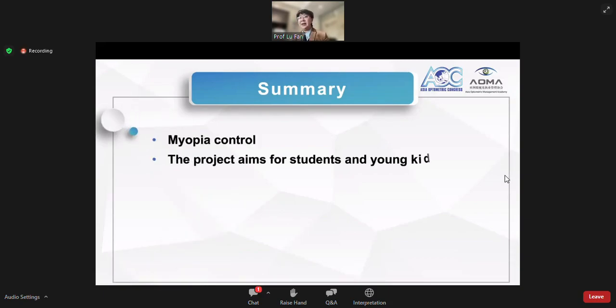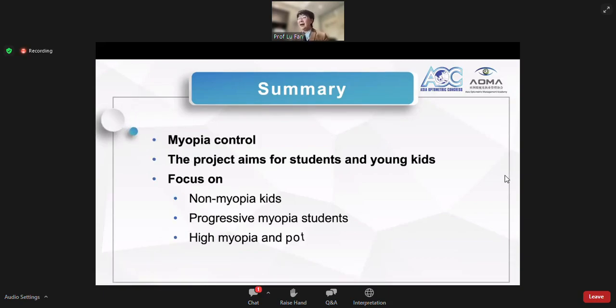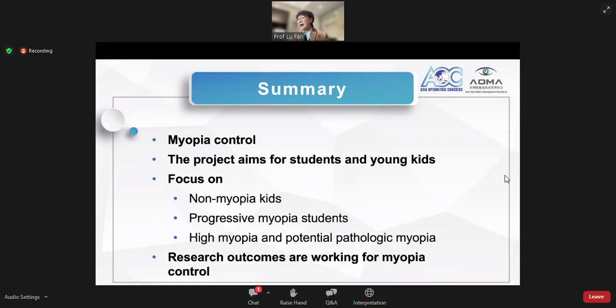Myopia control has been proposed in many countries. China put forward myopia control for adolescents as one of the national projects. The project aims for myopia control among students and young kids. The key focus of myopia control is around non-myopic kids, progressive myopia kids, and high myopia and potential pathological myopias.